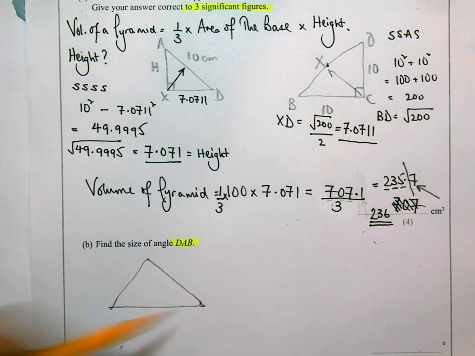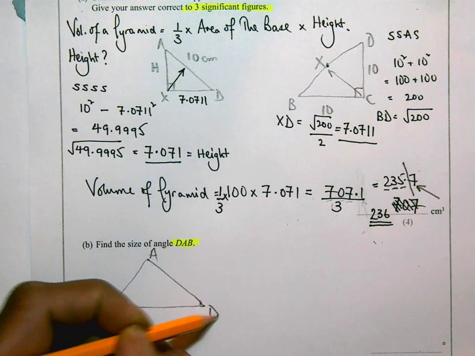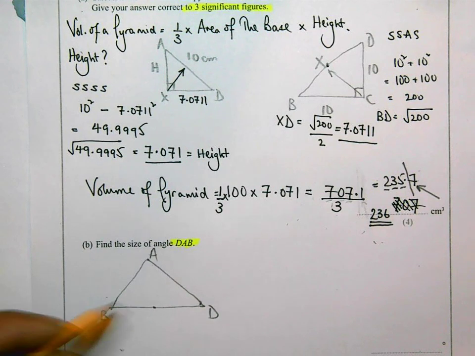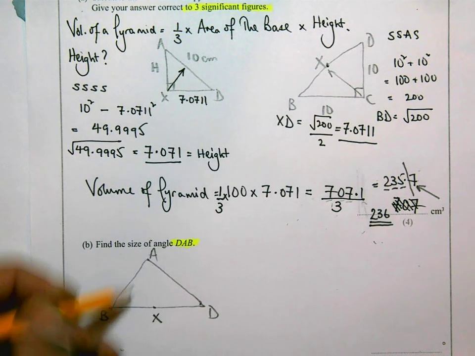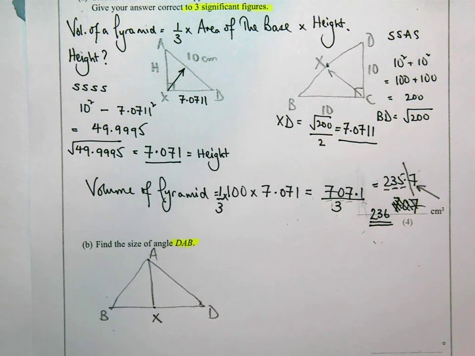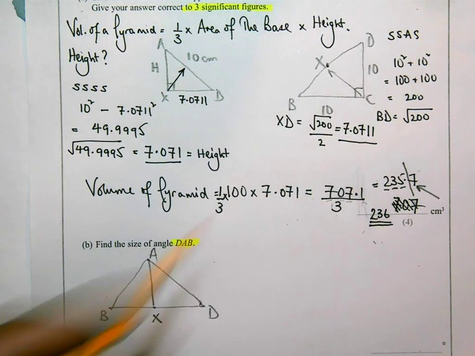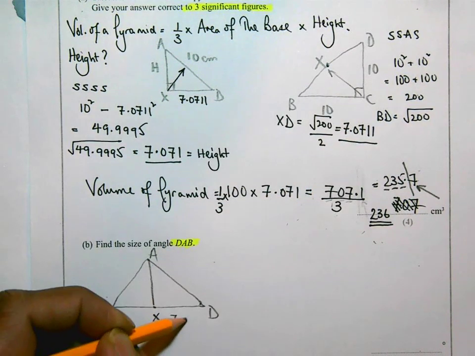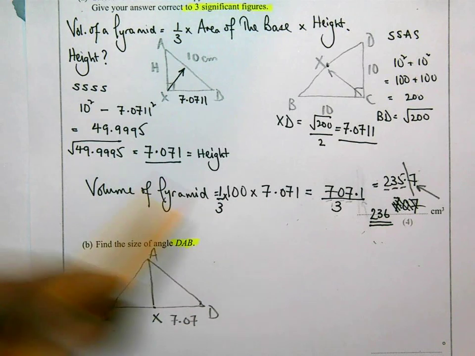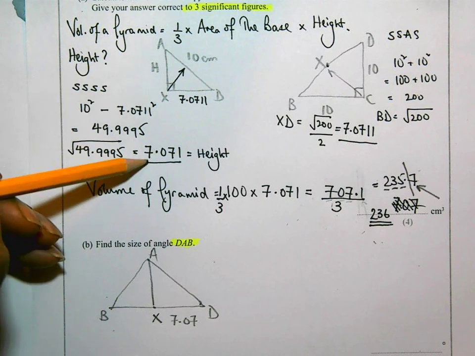And to put a point of reference, we actually said that X was going to be halfway through there, and we worked out the height. Now, one of the things that we discovered as we were working was that X to D was 7.07, and the height of the pyramid was also 7.07. Now, that's a right angle there.